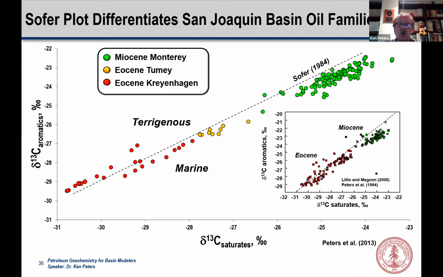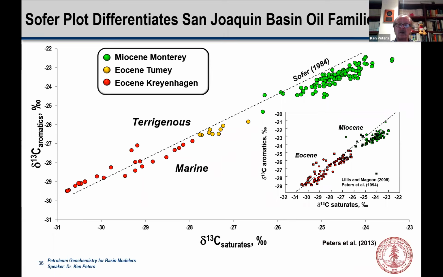These are the Miocene oils. Remember, I said those were isotopically heavy or enriched in C13. And then we've got these more negative Eocene oils, the Kreyenhagen oils. And we can even look here and get some Eocene Tumey oil. So Tumey is a little bit younger than the Kreyenhagen, but it's still Eocene. And so we can say most of these oils were marine, and we've got the beginnings of an oil-source rock correlation here.